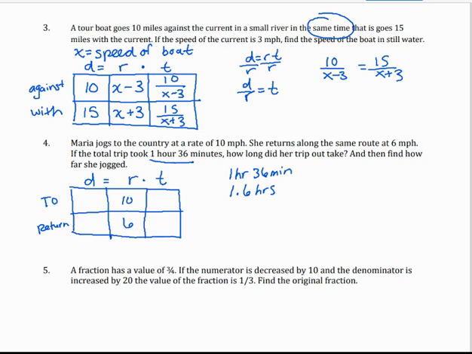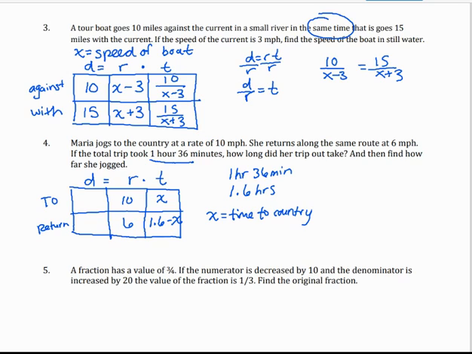So we can do this in a couple of ways now, okay? If I know that altogether it took 1 hour and 36 minutes, we could say that the time to the country is x, and then the return trip would be 1.6 minus x. Okay, and so we can define right there that x represents the time to the country.